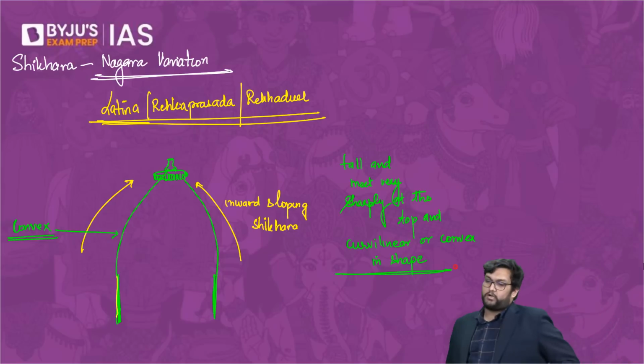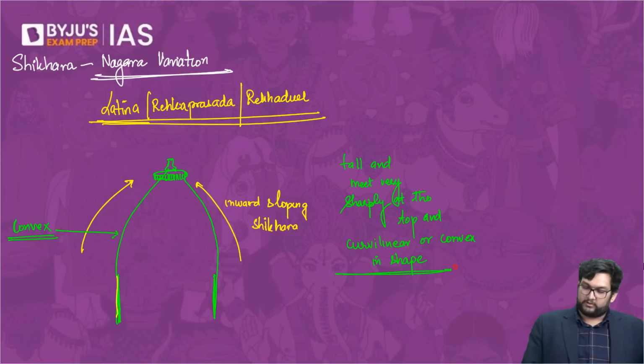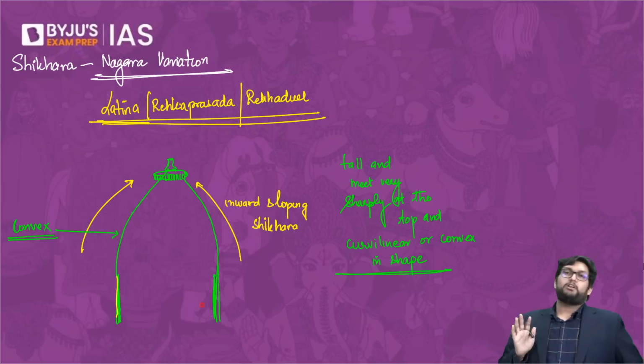Is it hollow or not? That is not given. It could be hollow, it could not be hollow. That is based on the temple you are in. No standard rules. So this is called Latina.